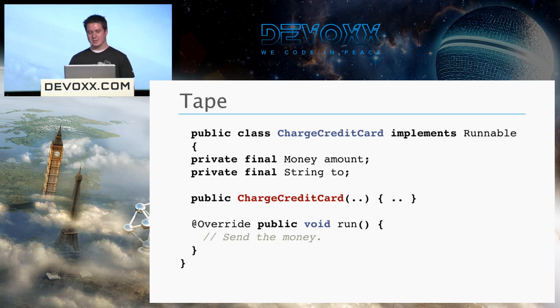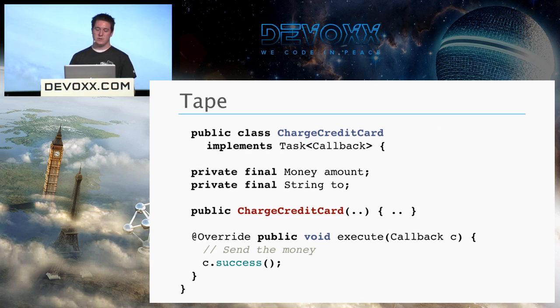The problem here is that there's no guarantee that this is going to complete, and the retry mechanism is all up to you. So if this fails, if your battery dies, if your network's spotty, if it throws an exception, it is all up to you to handle all those events. And there are quite a few that you have to handle, and most apps do get it very wrong.